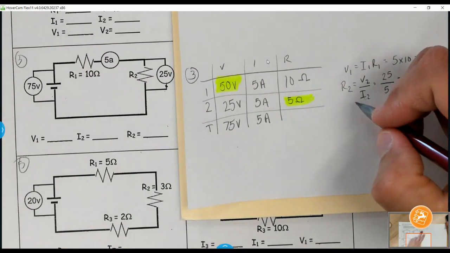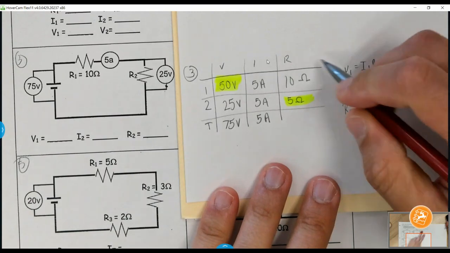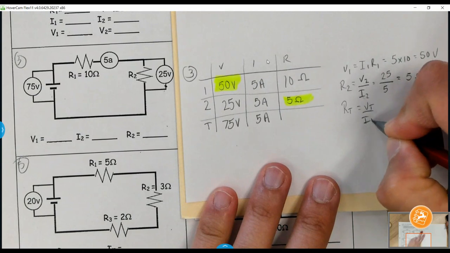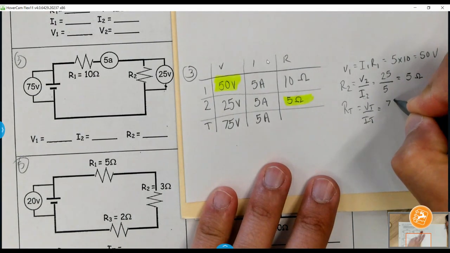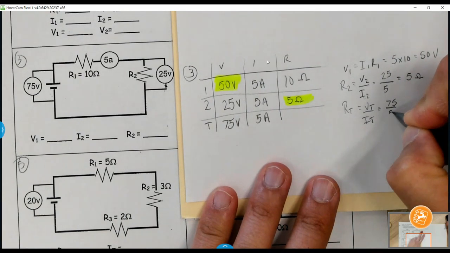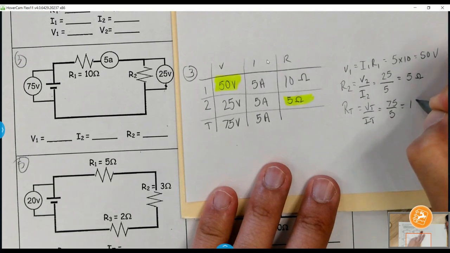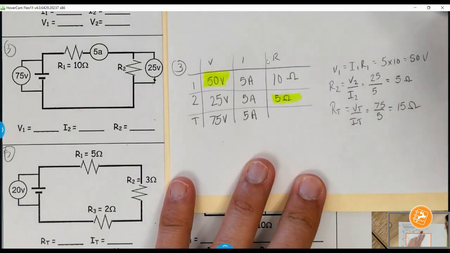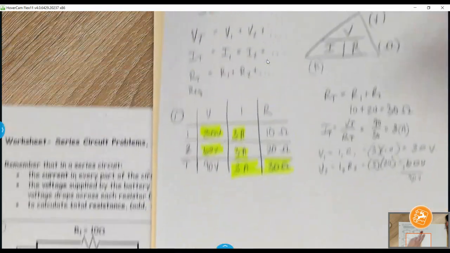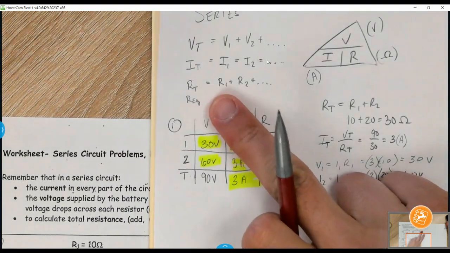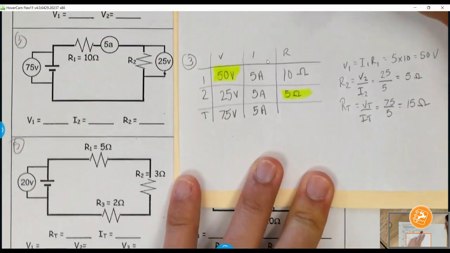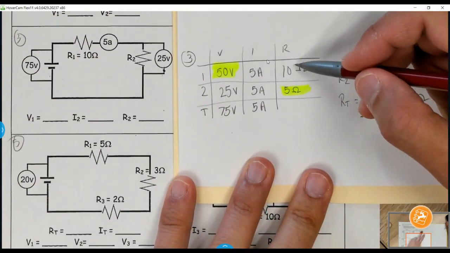Now I can find RT 2 ways. I can do VT over IT, 75 over 5, and get 15 ohms. Or, remembering the rules, total resistance is all the resistor values added together. So I know that this is 10 and this is 5.